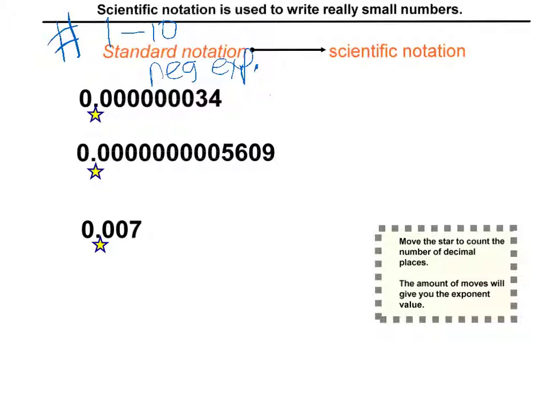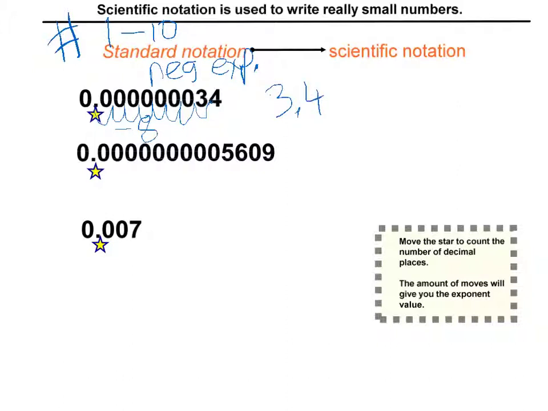So here I go. I am going to go 1, 2, 3, 4, 5, 6, 7, 8. I have to move it 8 places. And because it's a negative, or because it's small, I'm going to put a negative on there. And now I made 3.4.